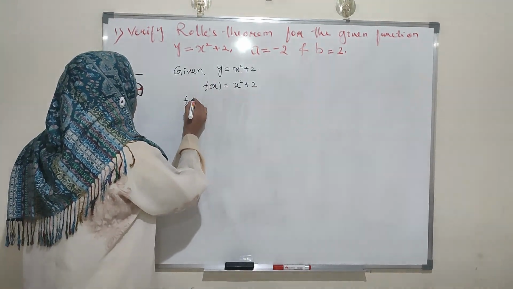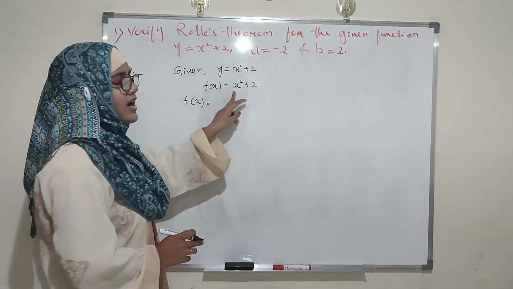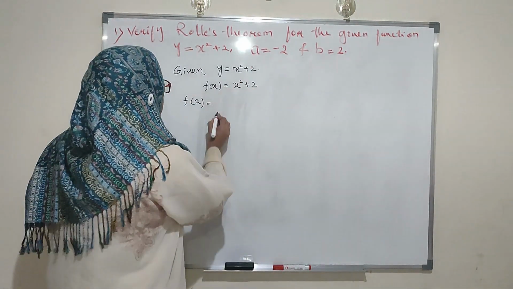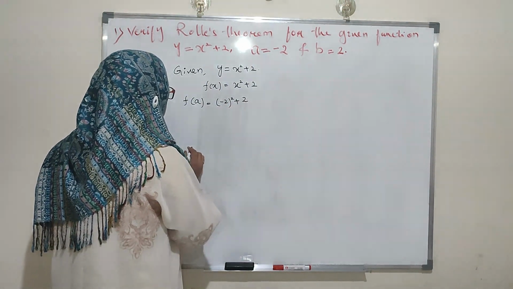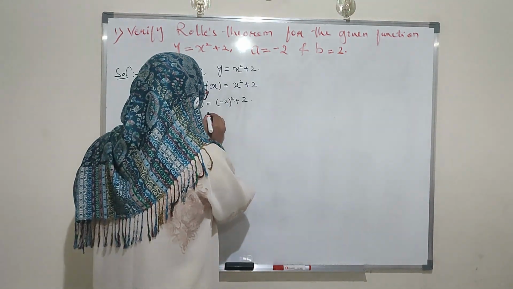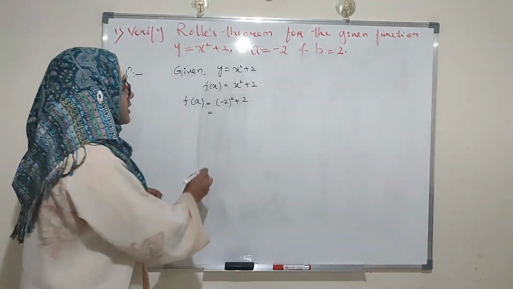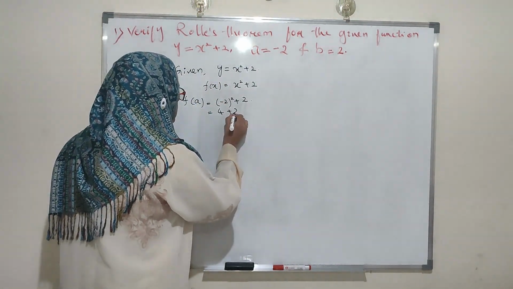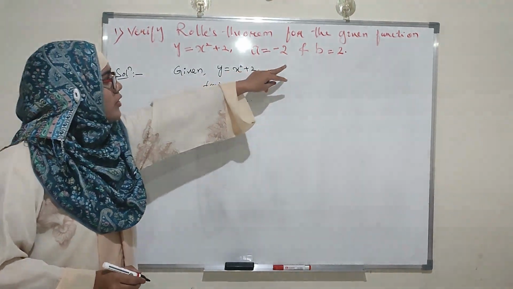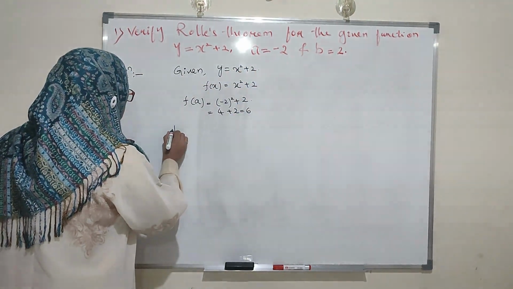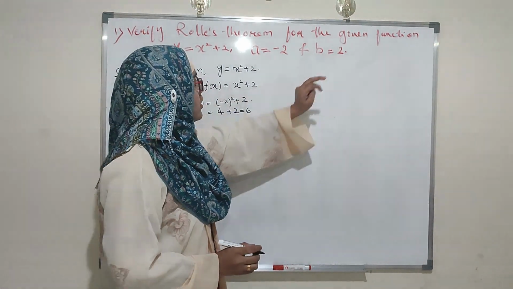Now f of a, here a is minus 2. So substituting, wherever you have x, replace x by minus 2. Minus 2 square plus 2. Now it will become minus 2 squared is 4, minus into minus will become plus. 4 plus 2 is equal to 6. Now go for f of b. B is plus 2.